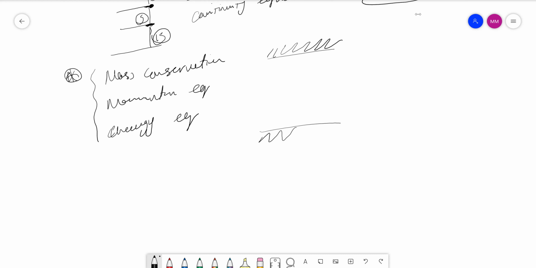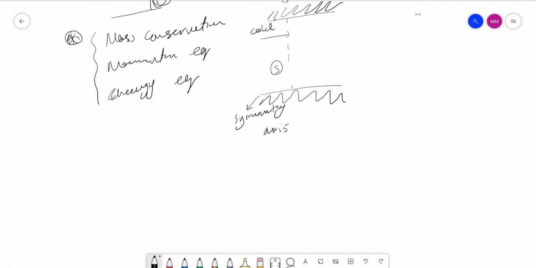Again, let's look at the outlets. Station 15 here, station 5 here, right? And this part is essentially your symmetry line. So we are assuming a symmetry axis. So we are assuming that your jet engine is circular and you can have a symmetry axis. So the cold air is coming in from the turbofan, right?